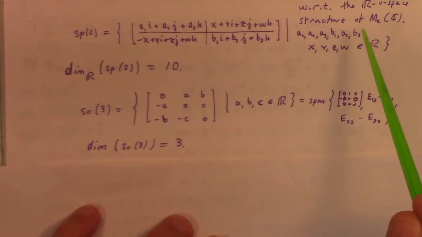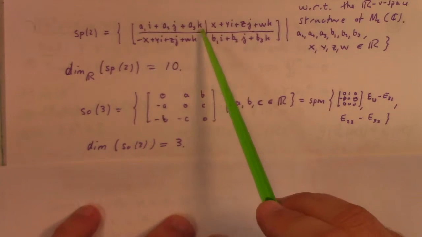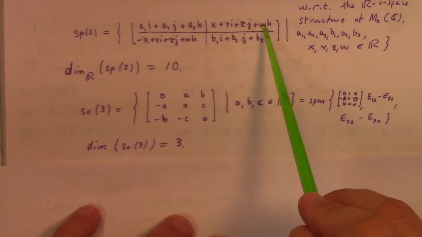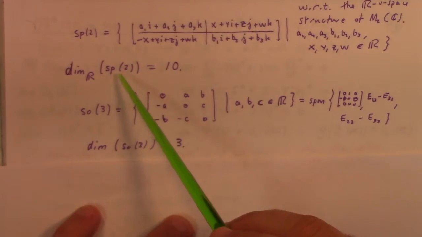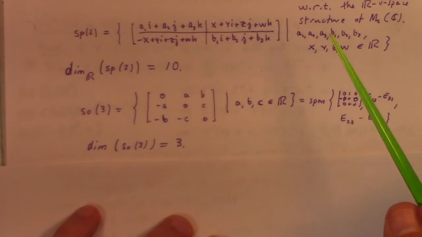Then you can count the number of free parameters here, 1, 2, 3, 4, 5, 6, 7, 8, 9, 10, and that gives you that the symplectic group of order 2 is 10 real dimensional.